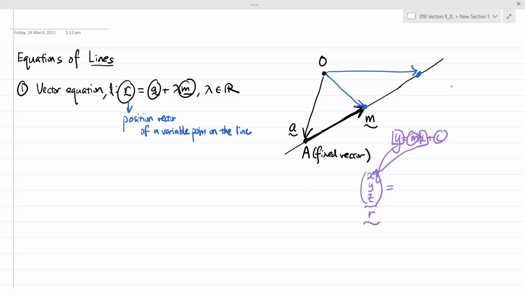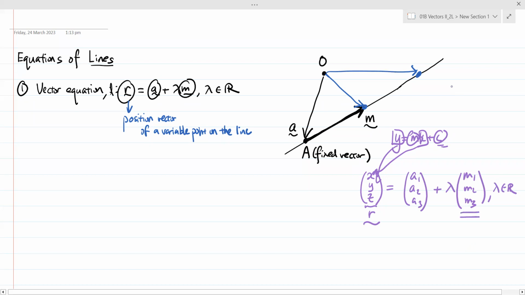Then we have a fixed point, which serves a similar role as your y-intercept, and your direction vector, which serves a similar role to your gradient. But in a 3D setting, you cannot talk about gradient, because gradient can be in many different ways. So we need a vector to tell us the direction.